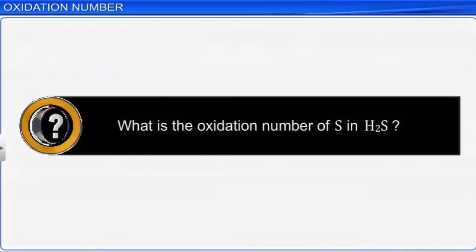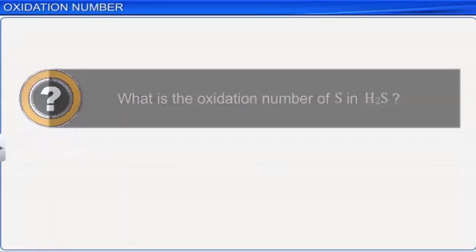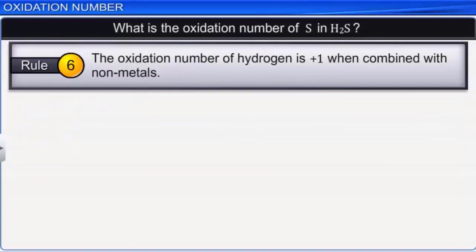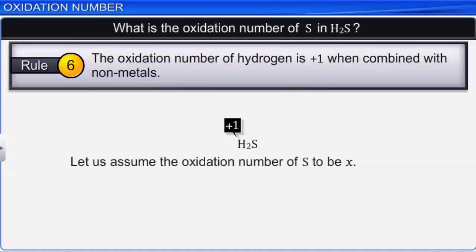Now, let's apply what we have learnt and determine the oxidation number of sulfur in hydrogen sulfide. According to Rule 6, the oxidation number of hydrogen is +1 when combined with nonmetals. In this case, sulfur. Let us assume the oxidation number of sulfur to be X. We will write the oxidation numbers of the atoms above the chemical symbols.